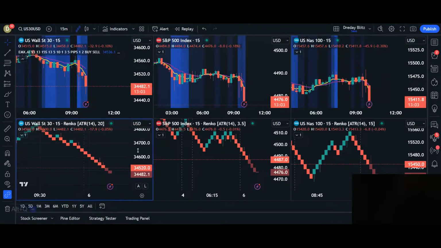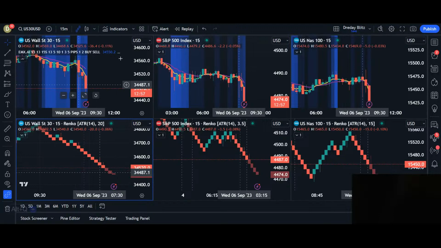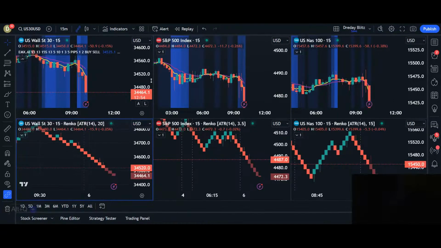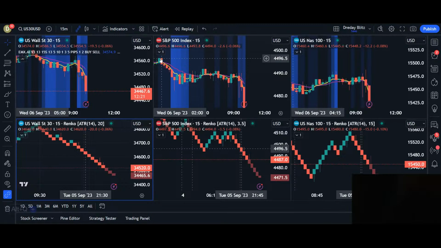As you can see, the Renko bars are still looking bearish right now, so we're still looking for bearish movement. Still pushing, still pushing.